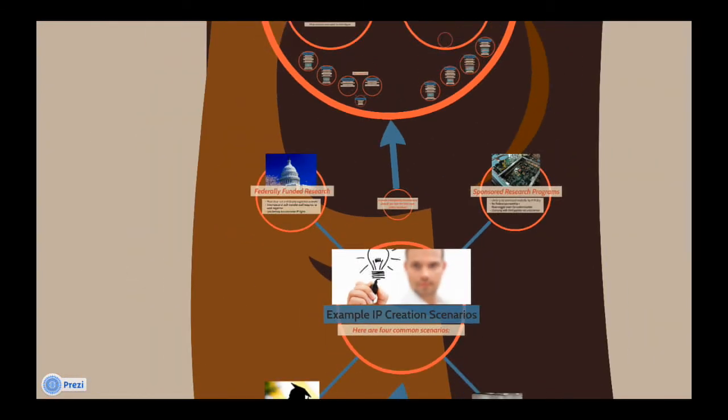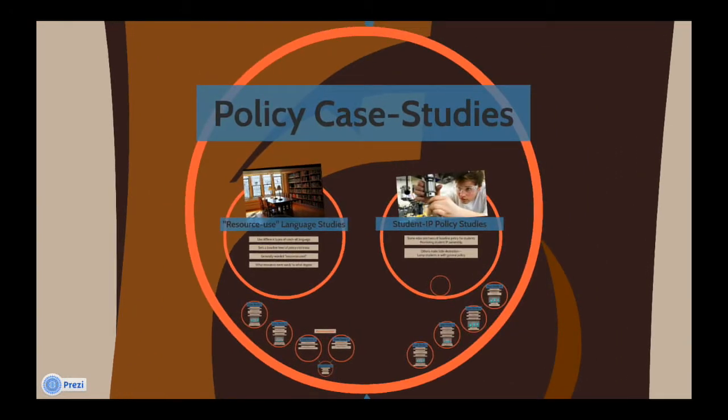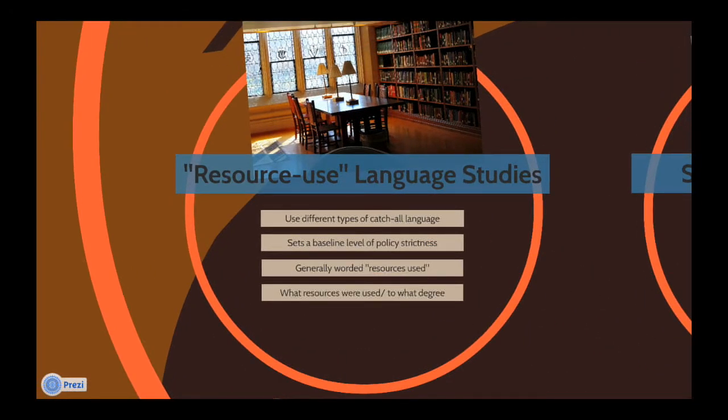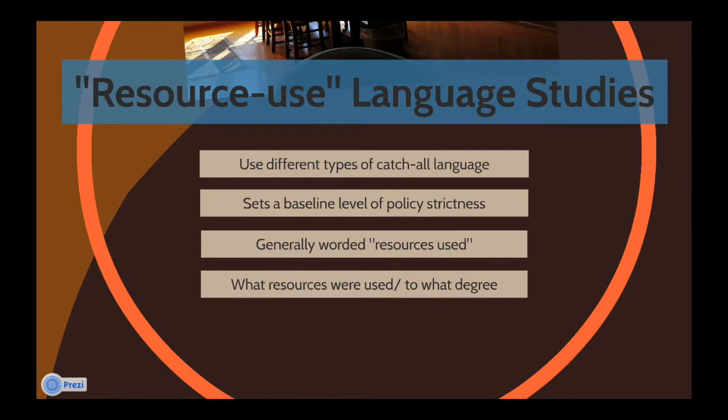Let us now turn from discussing general information and scenarios to a more specific analysis of language that actual institutions today are using in their policies. Because many IP creation scenarios cannot be foreseen or specifically addressed by every policy, institutions often utilize different types of catch-all language. This language is designed to cover a broad range of scenarios pertaining to all members of the campus community.